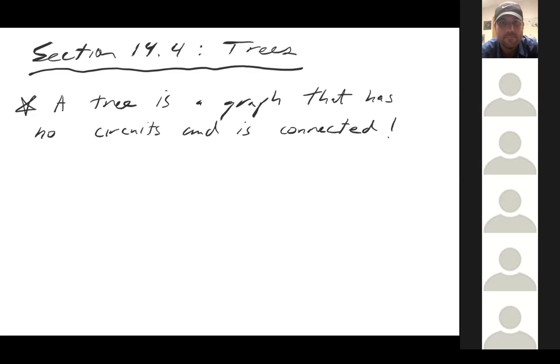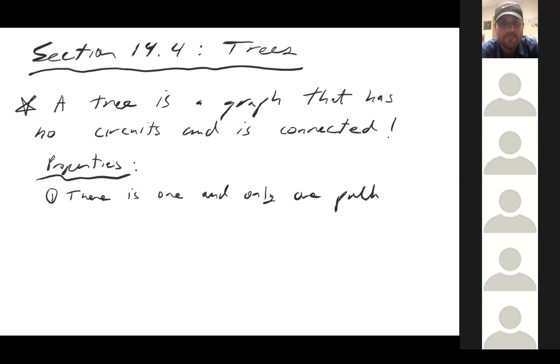It has the following properties. Some properties of every tree. One, there is one and only one path joining any two vertices.